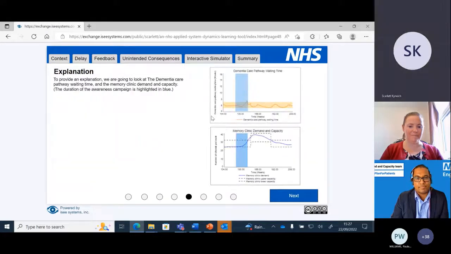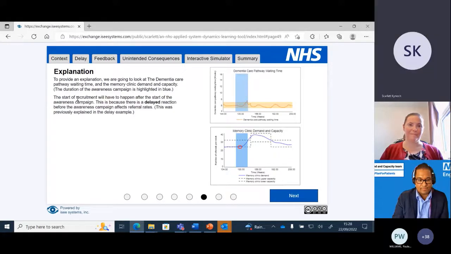Onto the explanation. To provide an explanation, we're going to look at the dementia care pathway waiting time and the memory clinic demand and capacity. The duration of the awareness campaign is highlighted in blue on these graphs. The start of the recruitment will have to happen after the start of the awareness campaign, because there is a delayed reaction before the awareness campaign affects referral rates, as previously explained in the delay example.